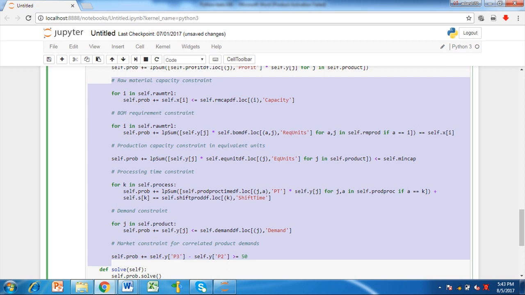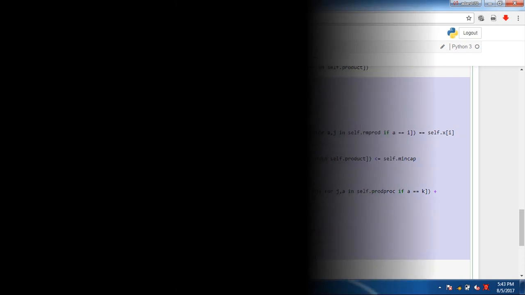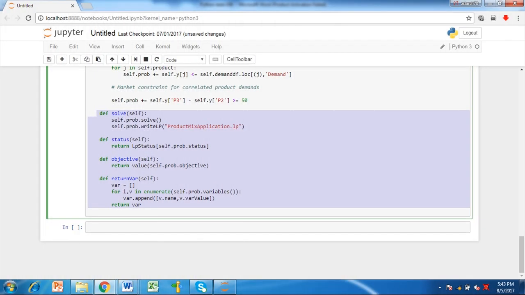Fifth and sixth are demand and market imposed constraints for products, which implies that product P3 exceeds P2 amount by at least 50 units. The formulated problem is then invoked for solving with the solve method. Please note we also write a .lp file, which is a good way of checking accuracy of the model with data. Other methods are for getting the status, objective value and variables value as usual.